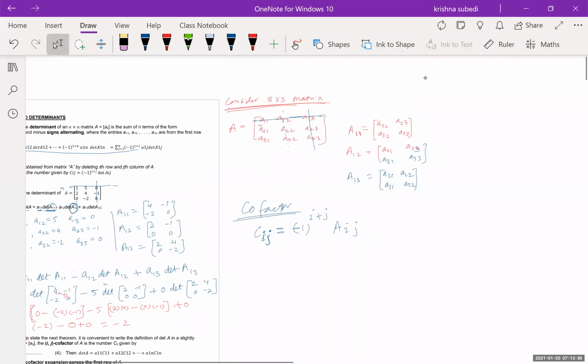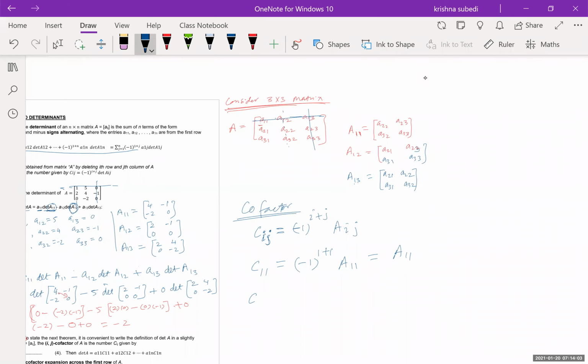So if I want to find the cofactor C11, that means -1, where i is 1, j is 1, and A_ij means A11. So that means -1 to the power 2, which is positive, times A11.